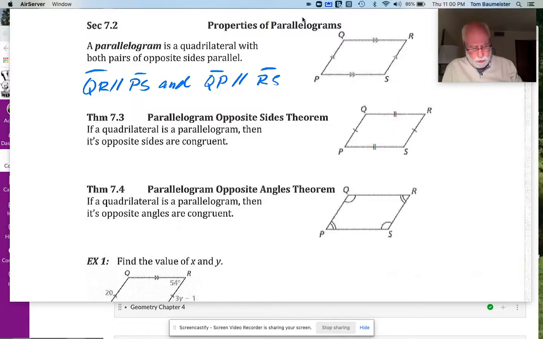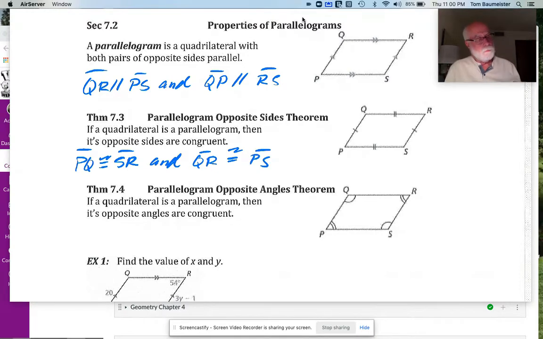So what that is telling us is that we can say that PQ is congruent, and since we're talking congruent, remember it has to be a line segment, to SR, and we can say that line segment QR is congruent to line segment PS.